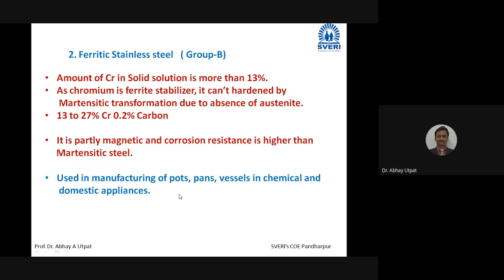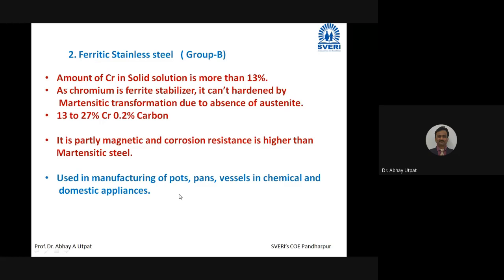Now, how is the strength developed? Previous steel was very hard because of martensite. This steel is not that hard like martensite, but some strength is required. This strength is developed by solid solution strengthening. When chromium gets dissolved into solid solution, automatically the strength of the steel increases.